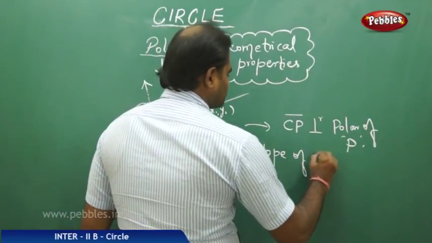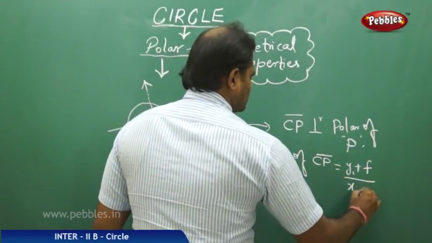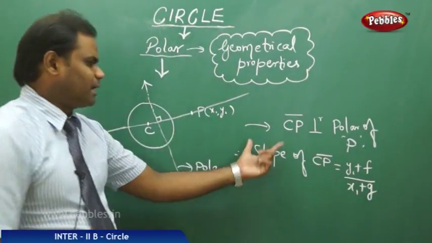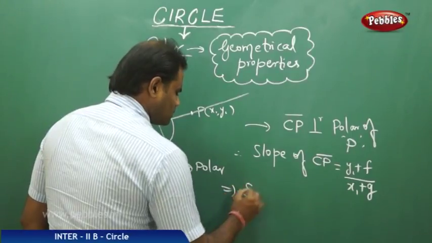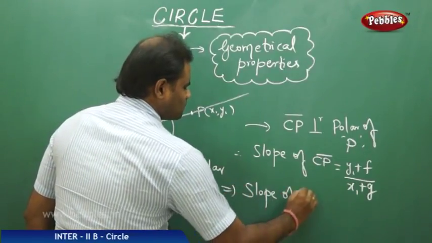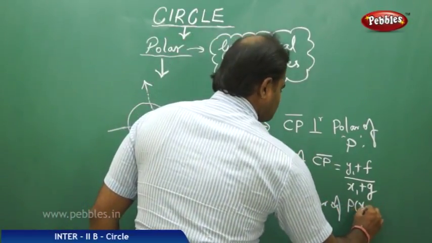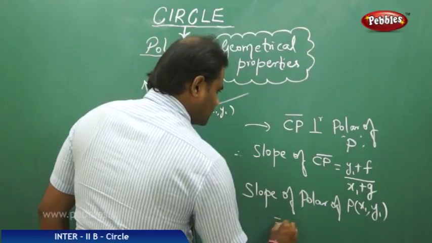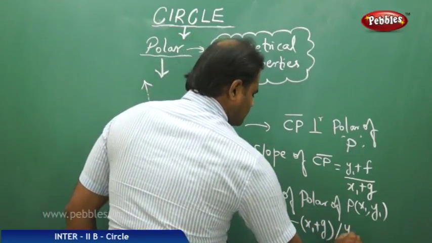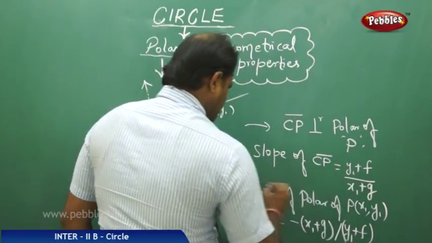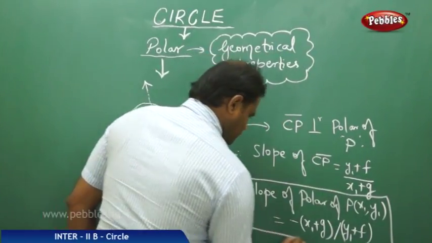Therefore, the slope of CP, which we know is (y1 + f)/(x1 + g), being perpendicular to the polar, the slope of the polar of P (x1, y1) is -(x1 + g)/(y1 + f).